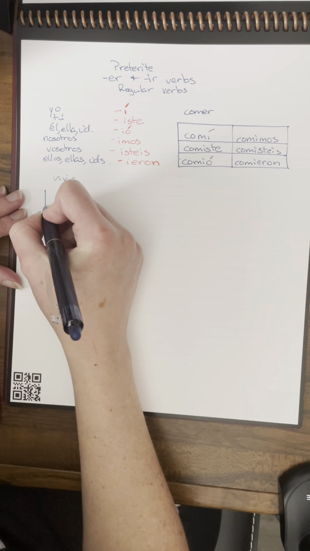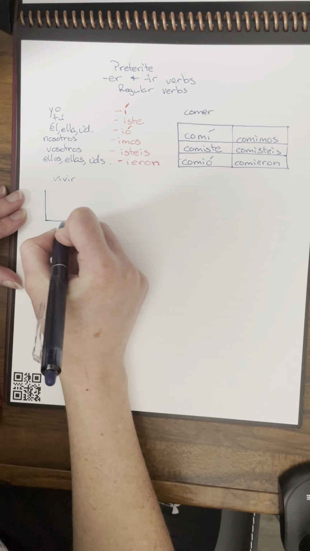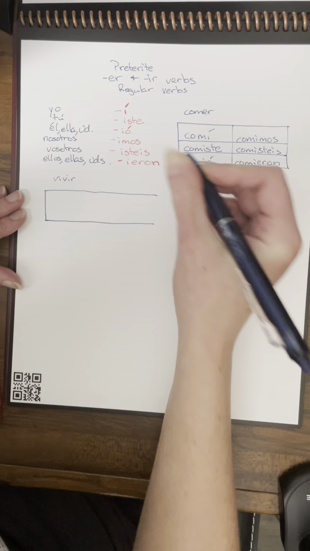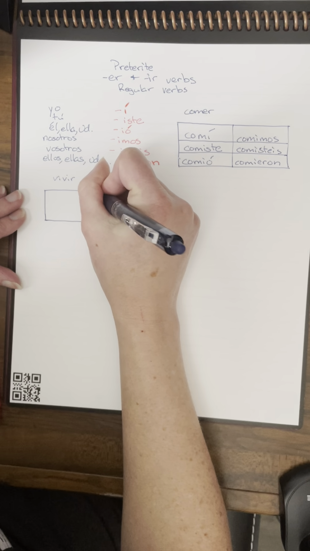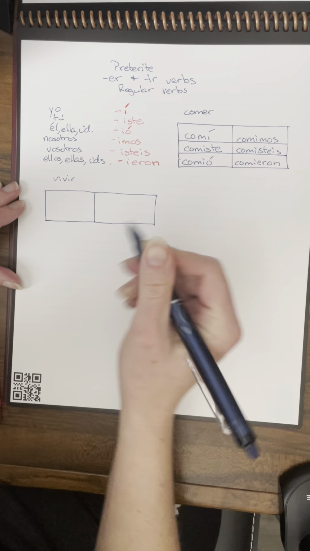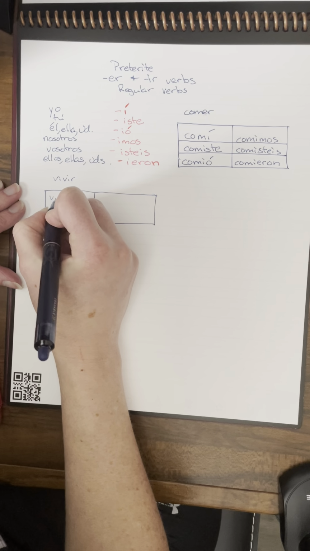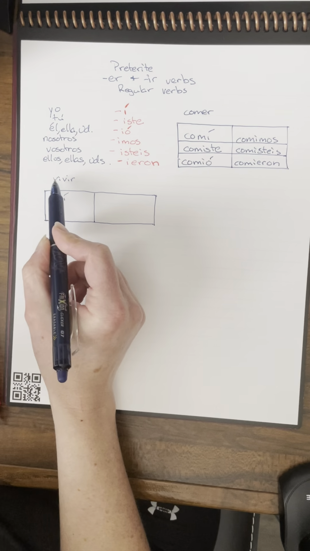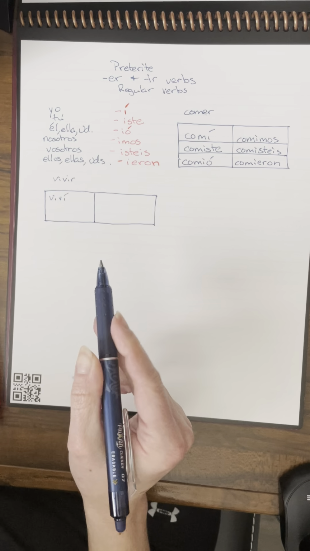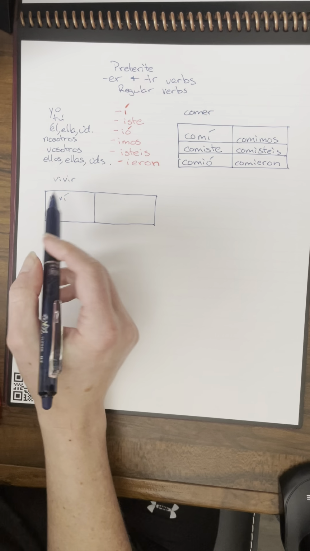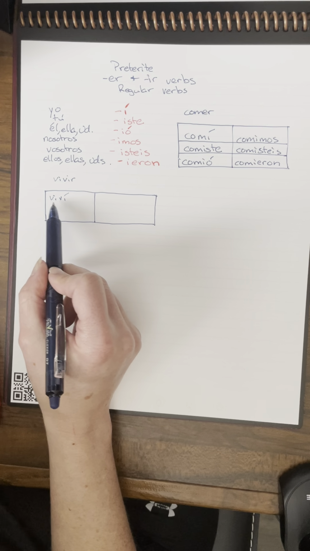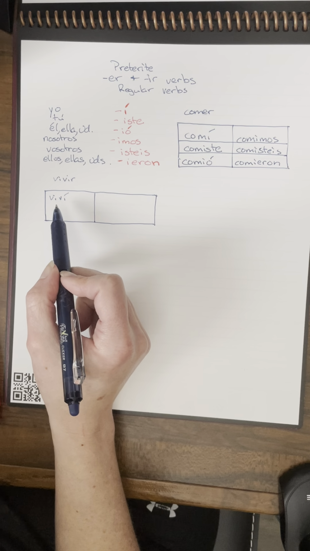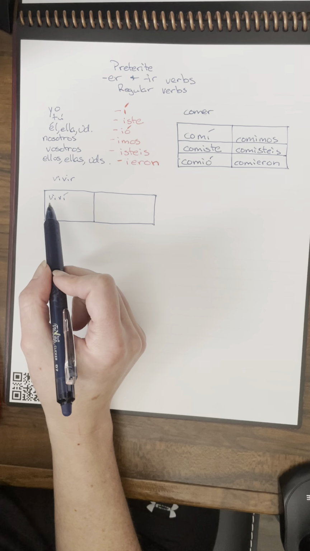All right, let me get my chart going. And again, I'm going to skip the subject pronouns because you guys should know them by now. Okay, so yo viví. So I lived. Remember those V's in Spanish are pronounced like B's, viví. It really does depend on where it is in the sentence, where it is in the word. Sometimes it'll sound more like a v than a b. Don't worry about that.